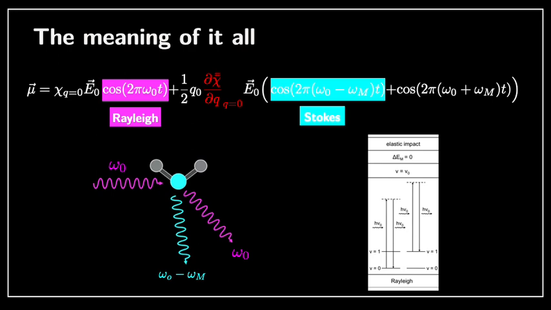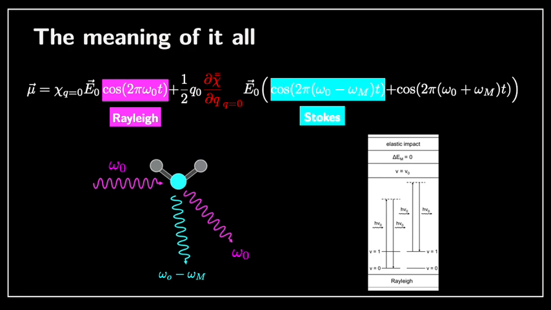Now I have to tell you right away that the frequency of vibration omega m is much smaller than the frequency of, for example, a red laser or green or blue laser. So this means that this signal here in the cyan line is indeed non-elastic because you have absorption of some energy corresponding to the vibration, but the difference is not that big. So there is a difference, but it's not very large.